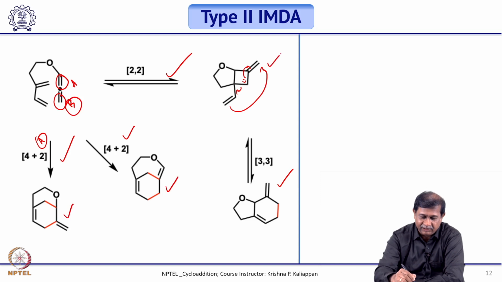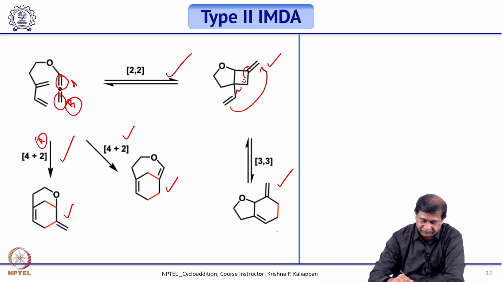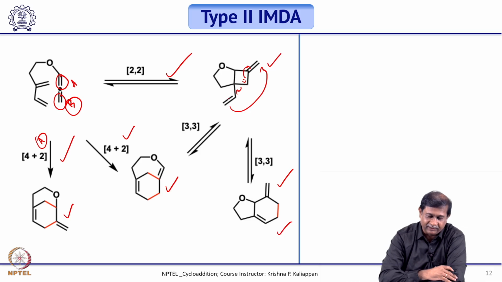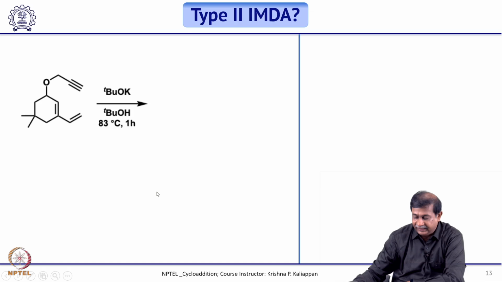This is the intramolecular 2+2 cycloaddition product, which in principle can undergo a 3,3 sigmatropic rearrangement to give another bicyclic compound, and this also can undergo another 3,3 sigmatropic rearrangement to give this one. So, when you have an allene, there are many possibilities to get the corresponding bicyclic system.